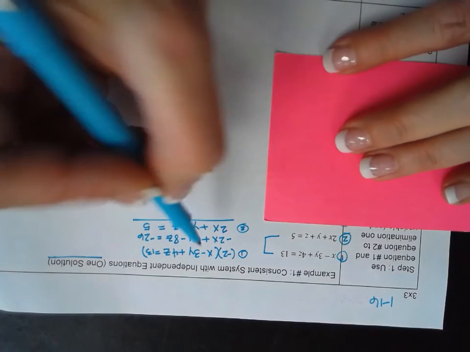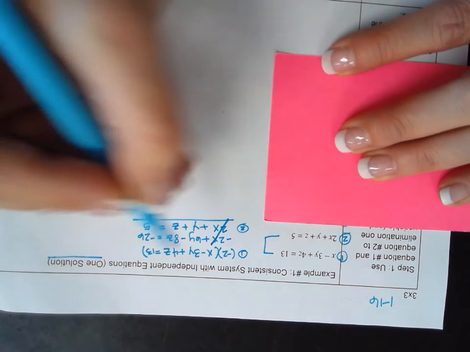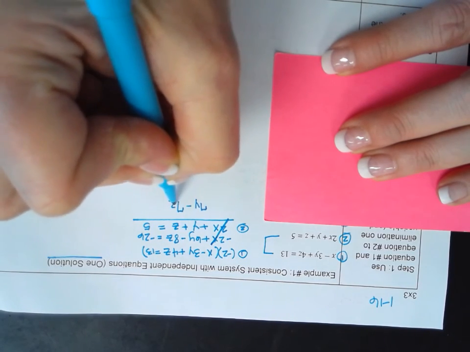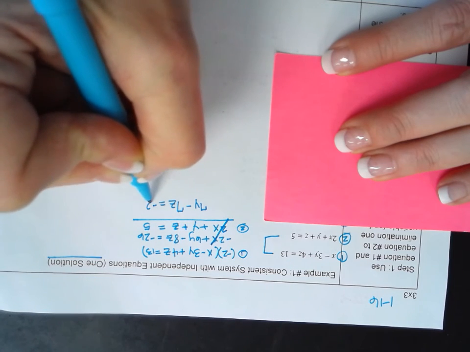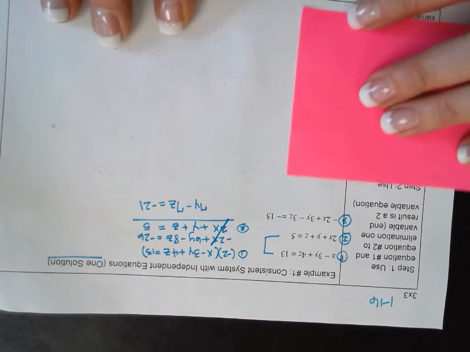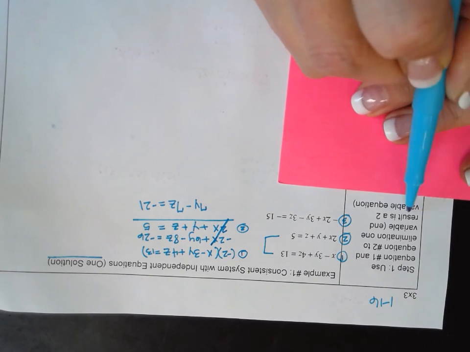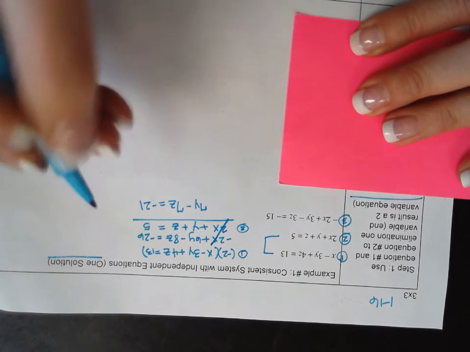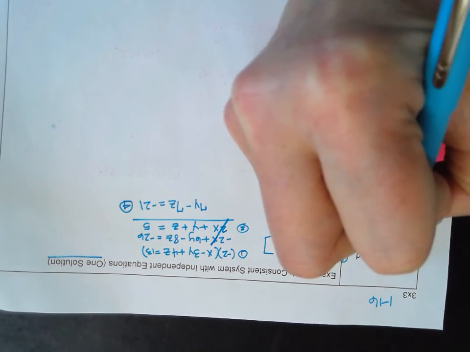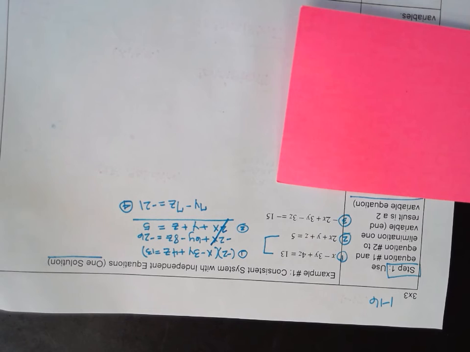Now I can eliminate my x, and I'm left with 7y minus 7z is equal to -21. My result's a 2-variable equation, and I'm going to call that one equation number 4, just so I can keep it straight. All right, good so far?